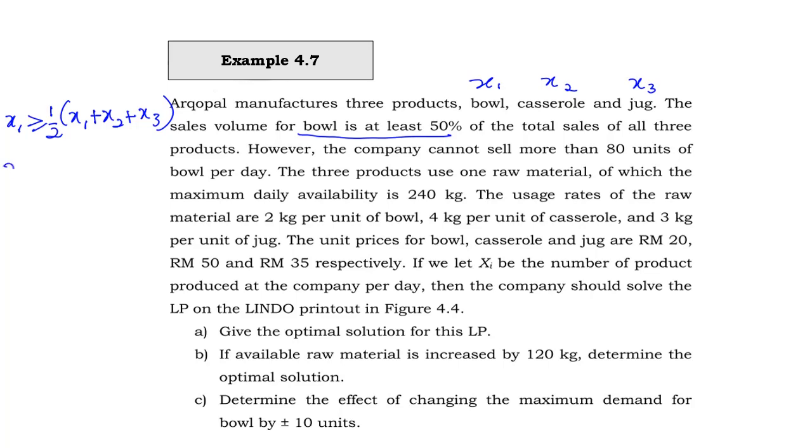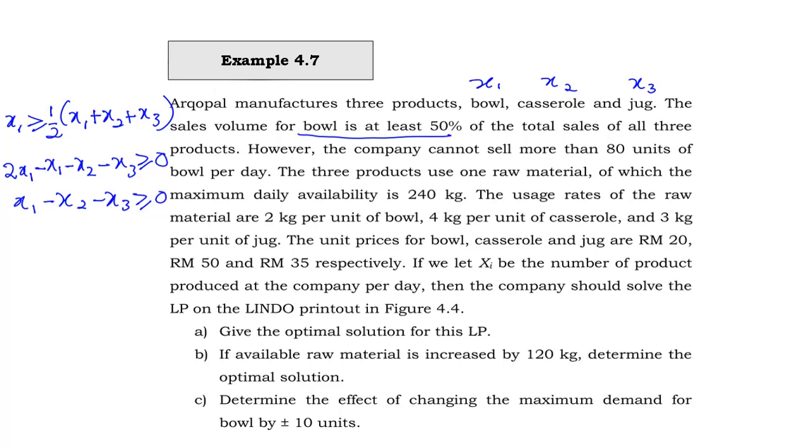Simplify this, you will get 2x1 minus x1 minus x2 minus x3 greater than or equal to 0. So x1 minus x2 minus x3 greater than or equal to 0.